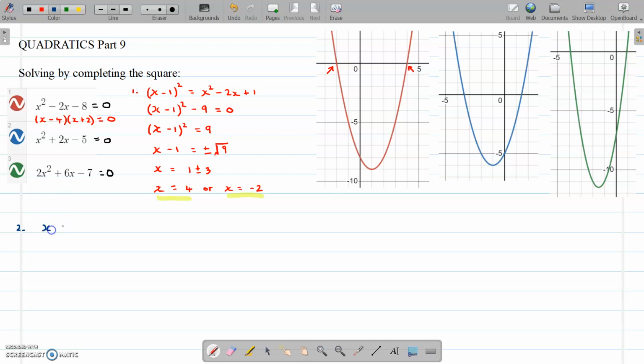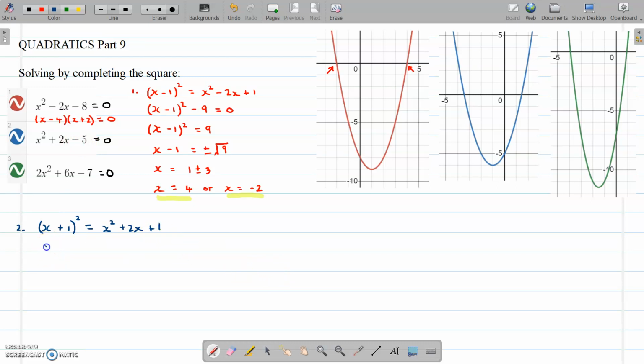I'm going to do the perfect square of x plus 1 this time, because I have x squared plus 2x, and that gives me x squared plus 2x plus 1. But I don't want plus 1, I want minus 5. So I need to subtract 6 from this.